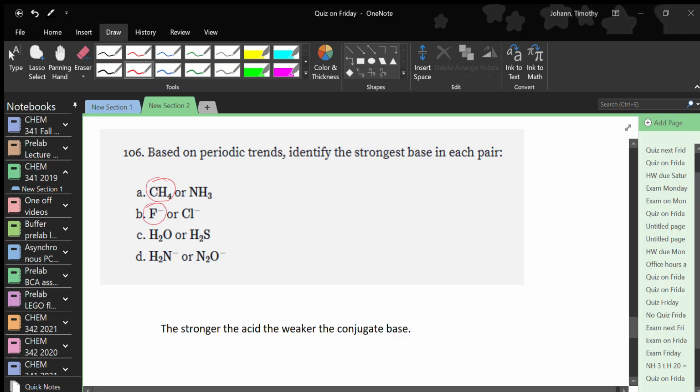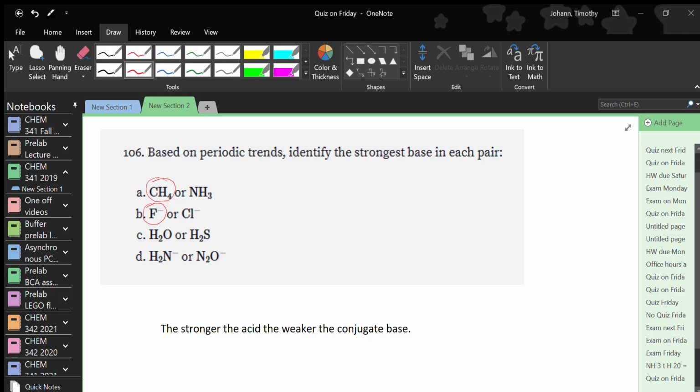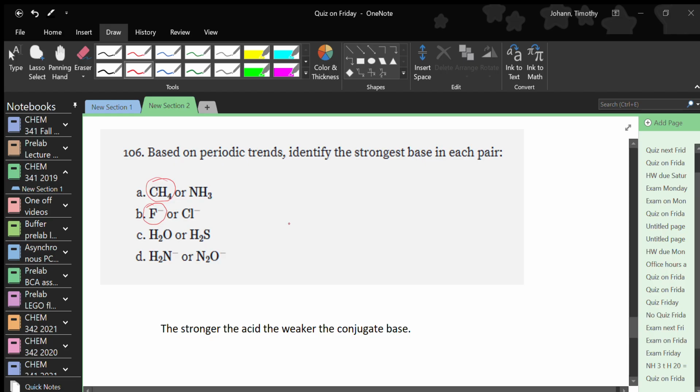How about this one? Water versus hydrogen sulfide. Which one's going to make the stronger acid? Okay, H2S. And what I'm doing here is just pointing to H2S, but if we're thinking about these as conjugate bases, officially, it works either way.